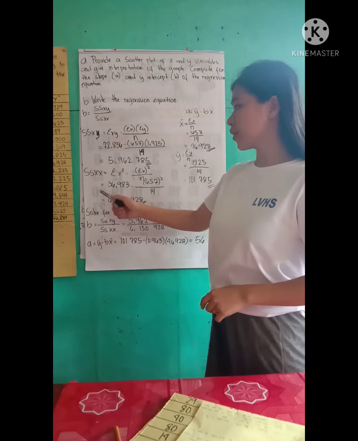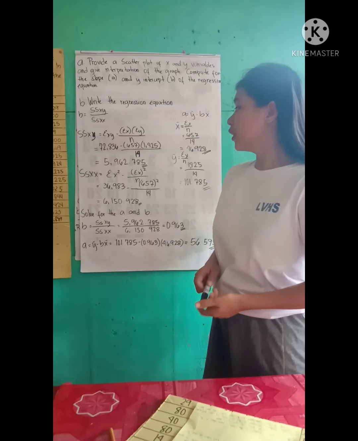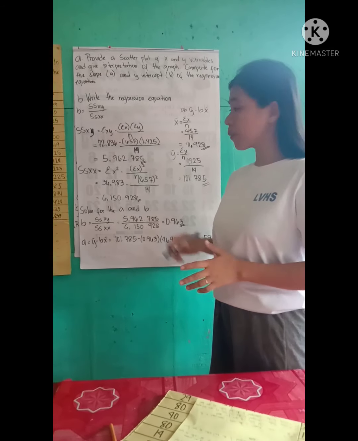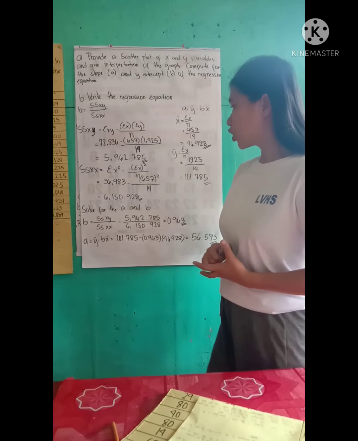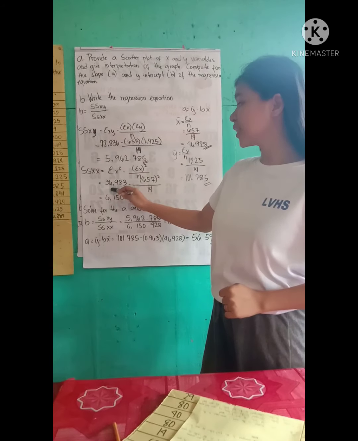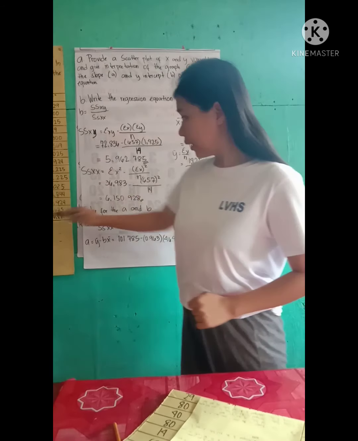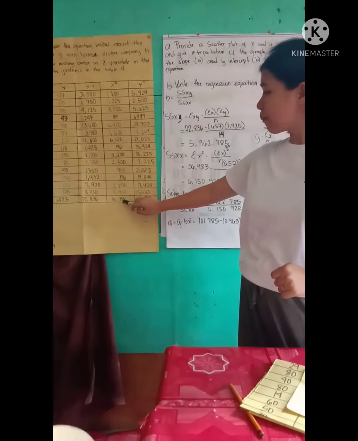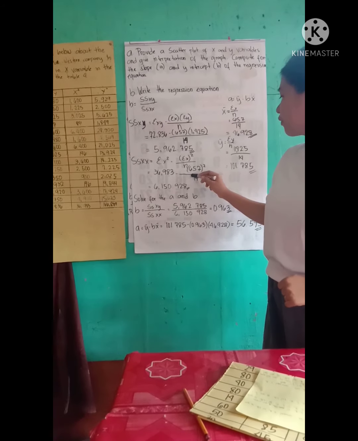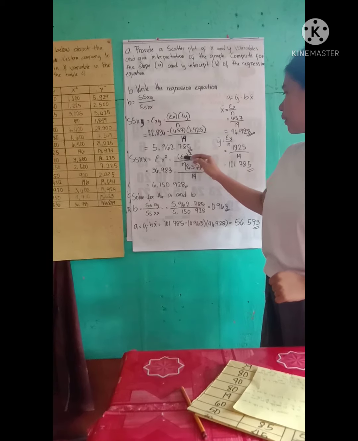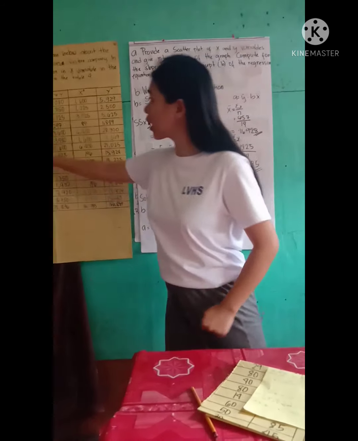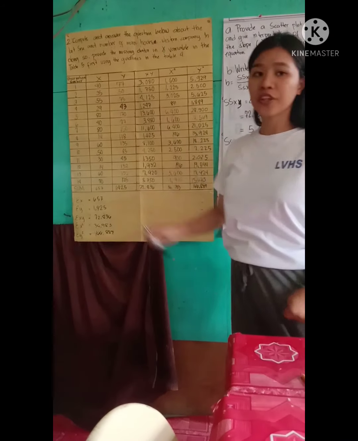For the summation of square xx, the formula is summation of x squared minus the quantity summation of x raised to the power of 2 divided by n. So, the summation of x squared is 36,983. It is here, the total sum of the x squared, minus 657 raised to the power of 2 divided by 14, because we have a total of 14 observations.